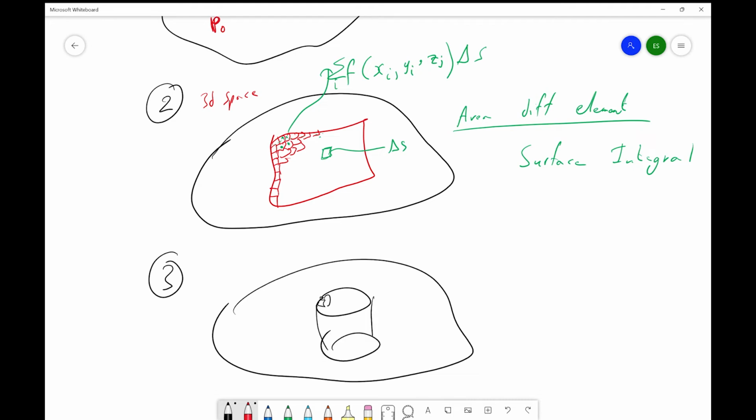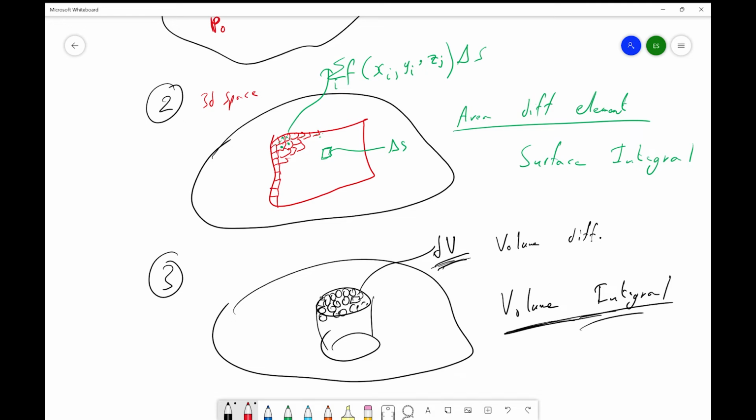I need to divide this cylinder into small cubes. I'm drawing them as circles, but imagine they are cubes. So those are dV elements, called volume differential elements. Using those, taking the sum over a volume and taking the limit by applying dV as the measure, I get what's called a volume integral. So the key to defining integration is figuring out how to mathematically represent those small elements, what's called integration elements.